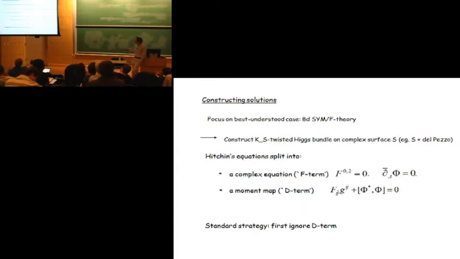And a second type of equation, which can be interpreted as a moment map equation, F contracted with the Kähler form plus phi star phi is equal to 0. The basic idea is you first construct solutions to the first set, basically ignoring this. And then once you've constructed those, you try to prove a theorem that says that, under nice conditions, there exists a unique solution to this equation.